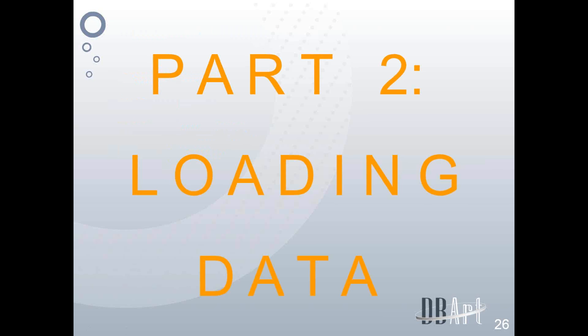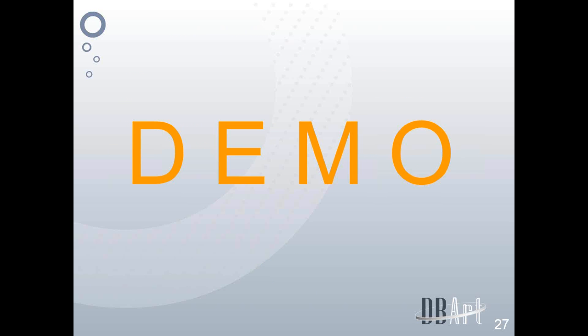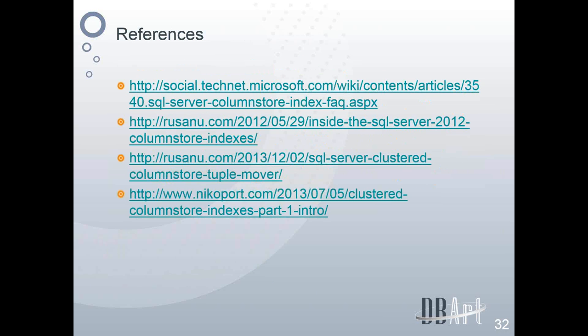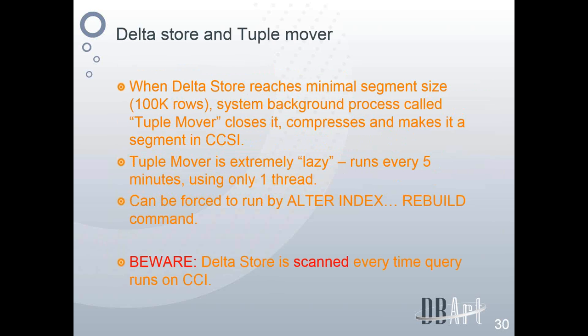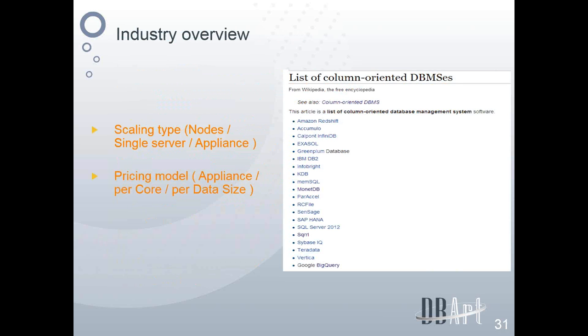Okay, then I will omit the loading data part and go to the end, and the last slide will be an industry overview. We have other vendors besides Microsoft who provide column-oriented databases. This is a screenshot of Wikipedia. There are two considerations that you should know.